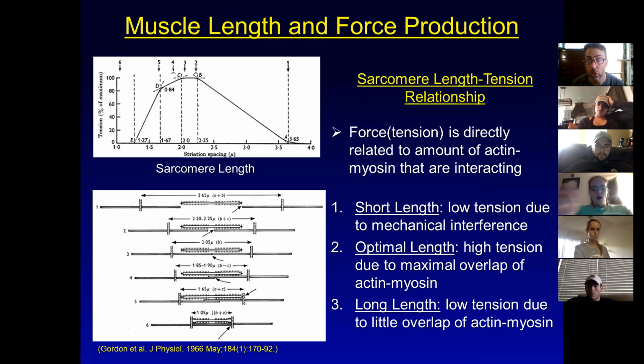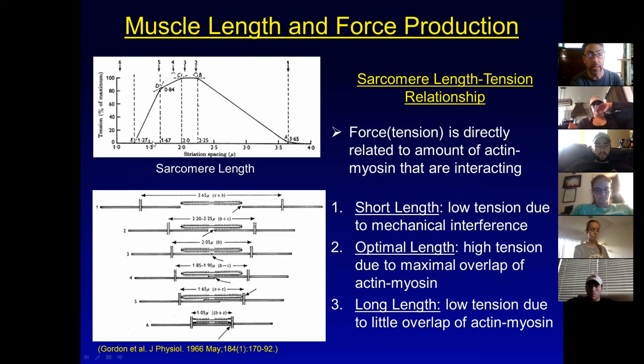These are data from a paper published in 1966. And so what you see here is they took an individual muscle fiber, probably from a rat or a mouse or something, and they dissected it all the way down to the level of the sarcomeres.